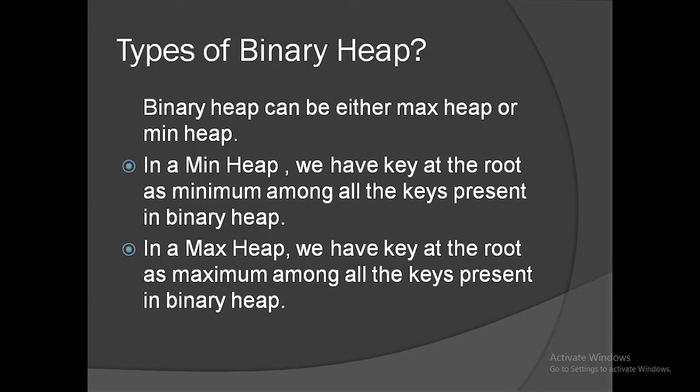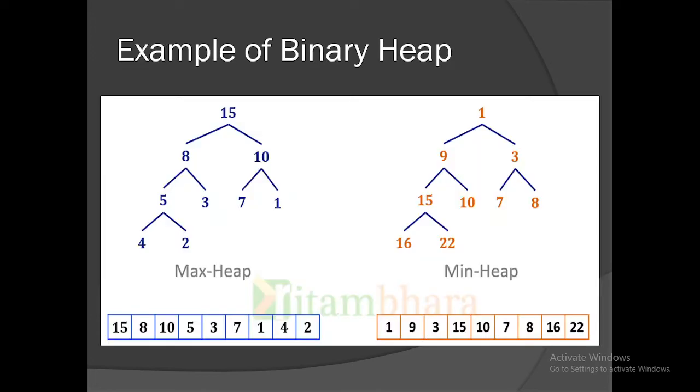In a min heap, the minimum among all the keys present in the binary heap will be at the root node, at the top of that heap. That is why it is known as a min heap. And in a max heap, the maximum element will be present at the top of the heap, at the root. That is the max heap.